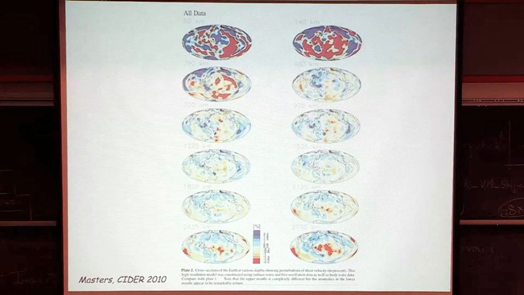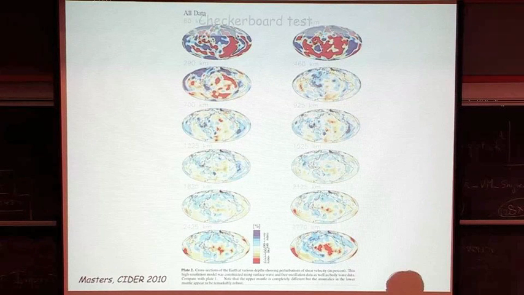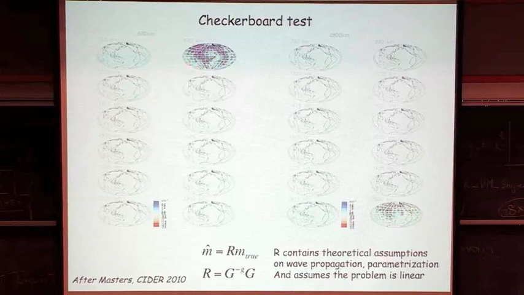And then you can go back and see how you constructed this model, what G matrix you used, what is your generalized inverse for this problem, damping parameters, etc., and design a checkerboard test. So basically, your synthetic true model will be a checkerboard, which will have these plus and minus, fast and slow anomalies all over the world at some scale, and you want to see how you can retrieve them.